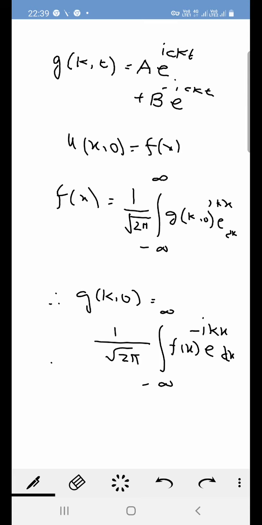Now the next condition was del u by del t at t = 0 is equal to 0.